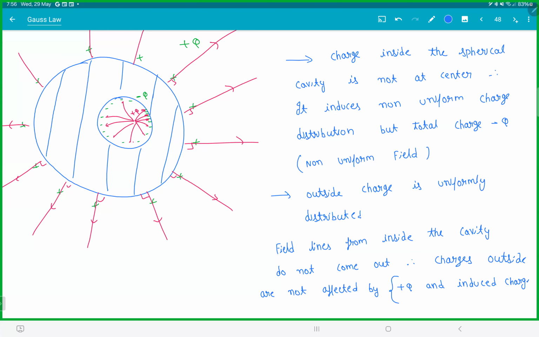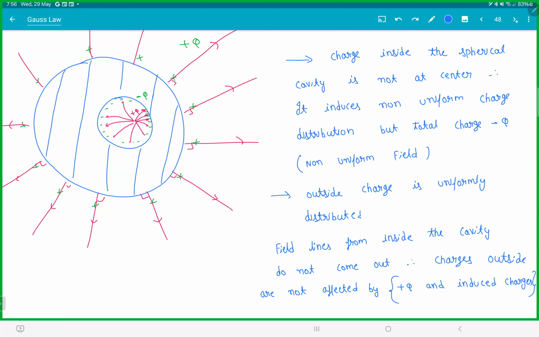We will talk about that more in detail. Is this statement making sense, everyone? Since not a single line is coming out, the outside charge doesn't know what is happening inside. Clear, everyone?